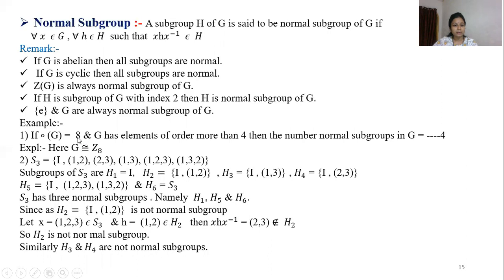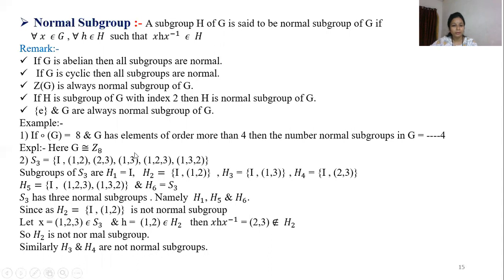Either G is isomorphic to Z8, Z4 cross Z2, or Q4, the quaternion group, which is also of order 8. If G were isomorphic to Q4, it would need elements of order more than 4, but Q4 has elements of order at most 4.